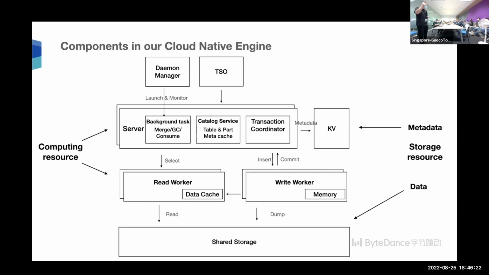And this is a component view of our engine. Basically, we can focus on these two, the server and the worker. This is the computing resource. For the computing resource, we can further split them into read workers and write workers, the read resource and the write resource.